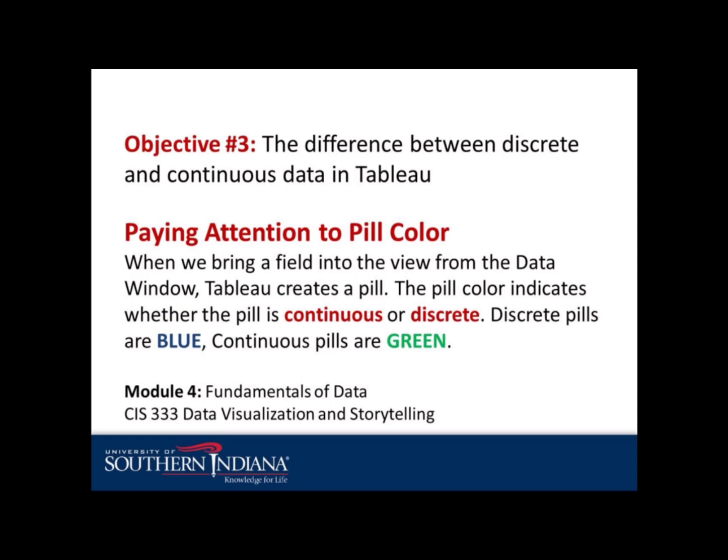You have noticed already, probably, if you've been paying close attention, when you bring a field onto the view, Tableau will create a little pill. It's kind of an oblong shape, and that's why they call it a pill, but it's either going to be green or blue. Blue pills are discrete pills. Green pills are continuous pills.